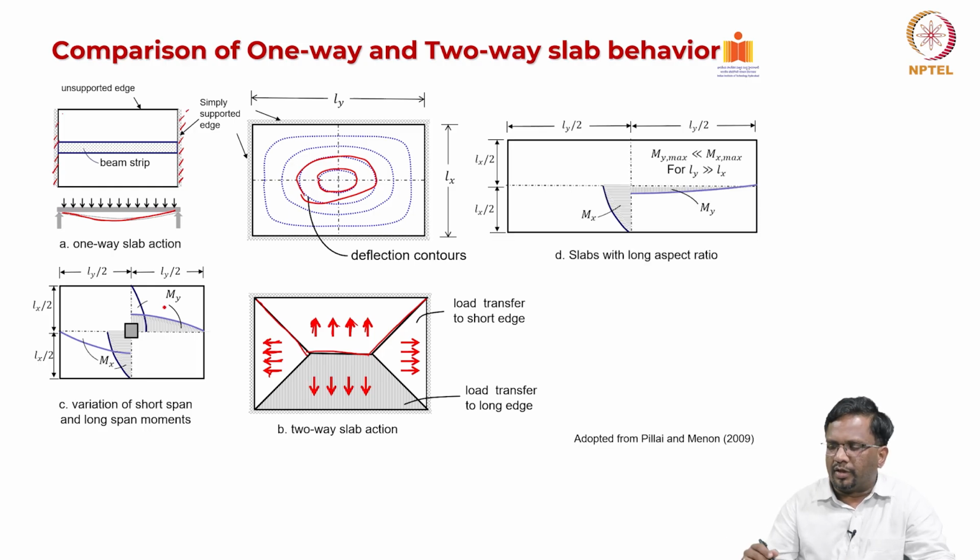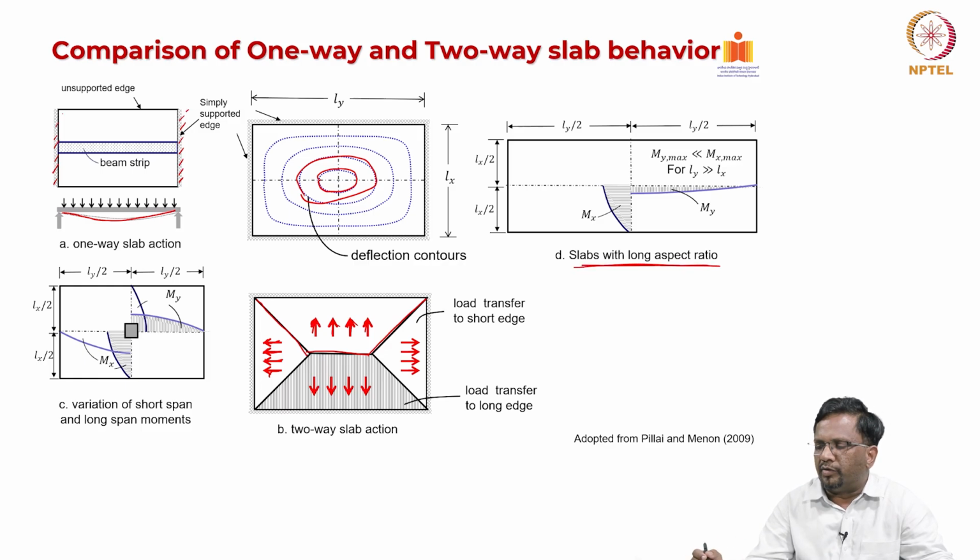So you can see that for a two-way slab, as we have seen, you will have higher moments in both directions, because it is bending significantly in both directions. However, if you take a slab with a long aspect ratio, you will have higher bending moment only along the shorter direction.